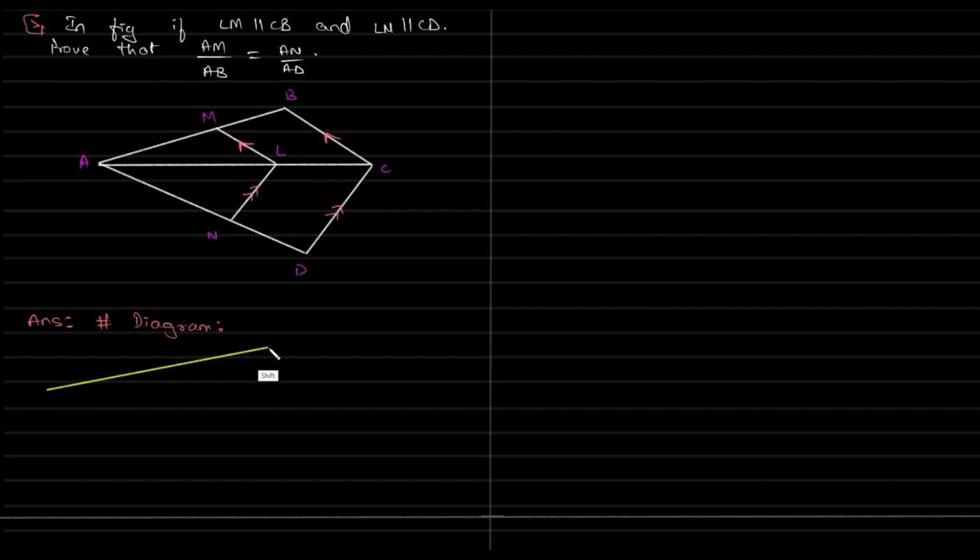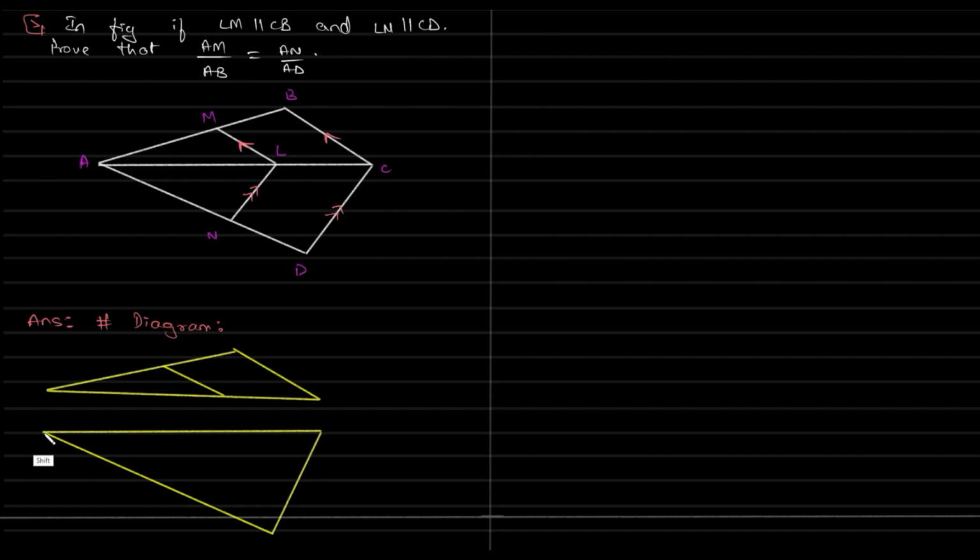So we have the first triangle. This ACB is this triangle, and we are going to draw this. And these are two separate triangles, right?